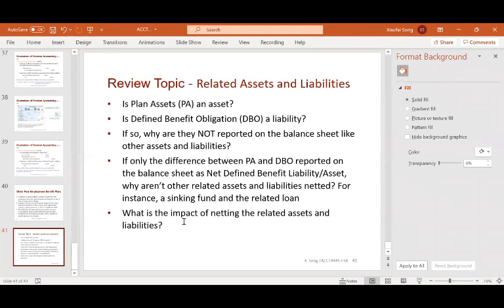The more we know about accounting, the more we realize what a mess we have here, in a way. It's like talking about apples and oranges. You have fair value, you have cost, you have discounted future cash flow. The old way to measure, we're not talking about the same measures. And now we have some items that are included in absolute amount on both sides, and some are netted.